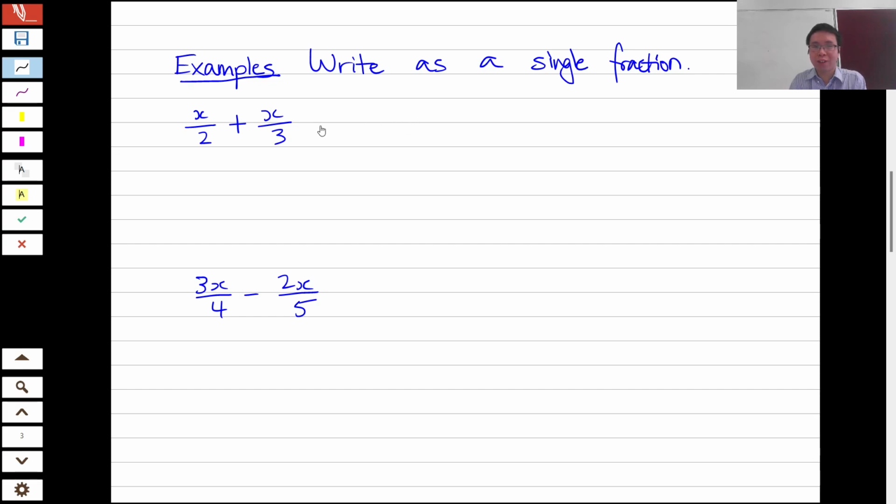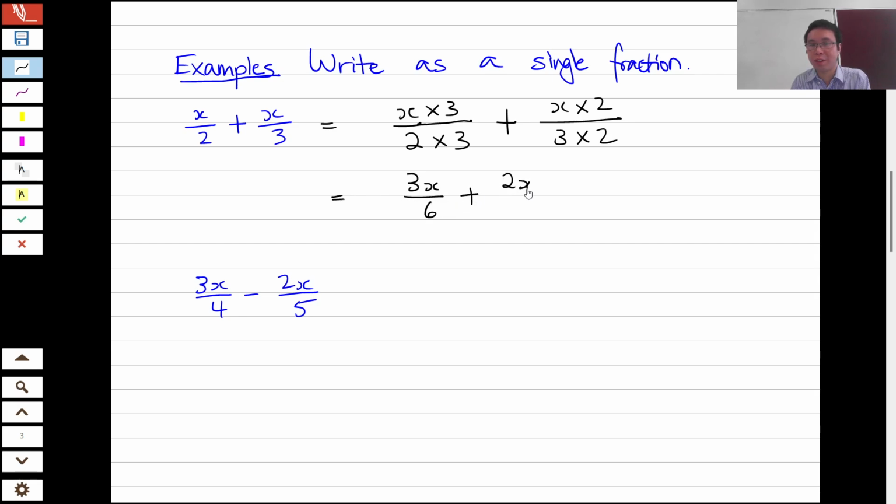So I'm going to change x on 2 to x times 3 divided by 2 times 3, and x on 3 to x times 2 divided by 3 times 2. This is going to give me 3x on 6 plus 2x on 6. And now I can add the numerators together.